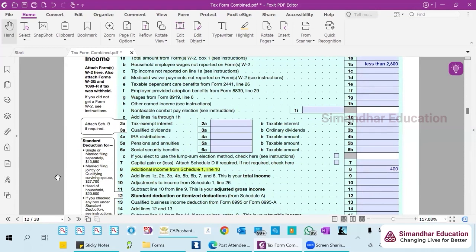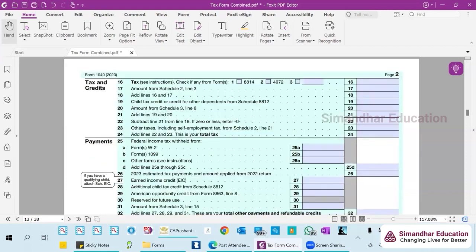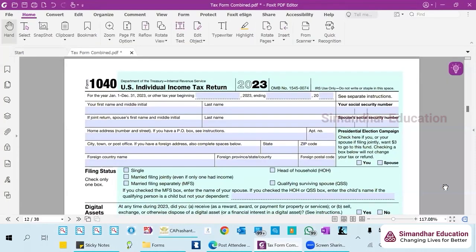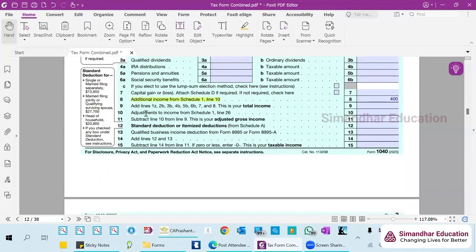That's my schedule 1 part 1, which is additional income. Then we have the second part, which is adjustments to income. Here on page 1 of the 1040, it just says adjustments to income.